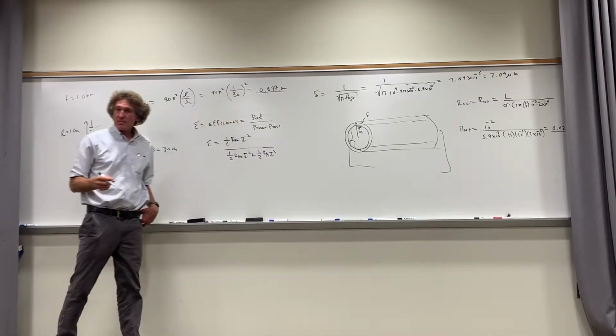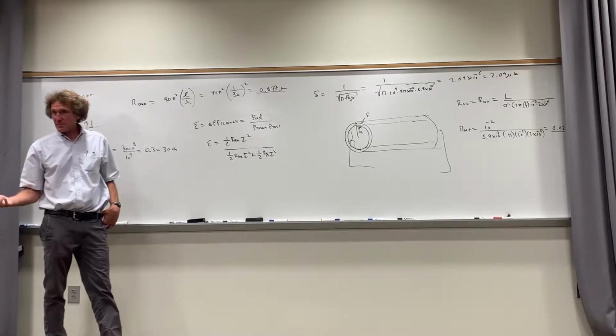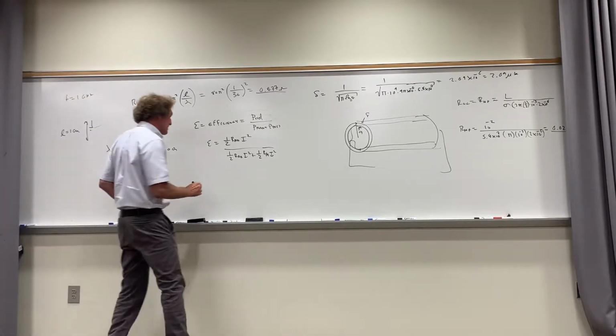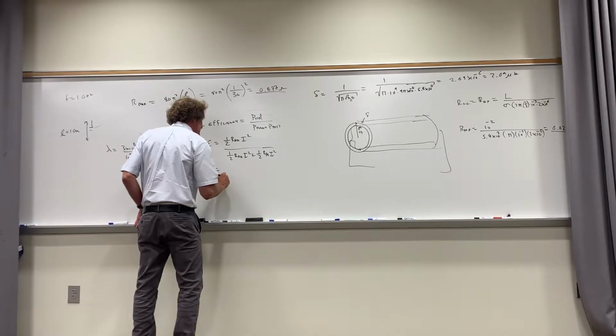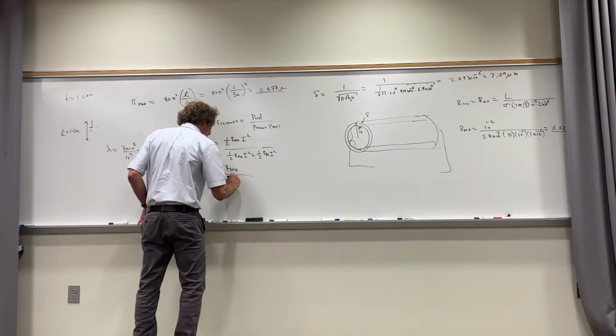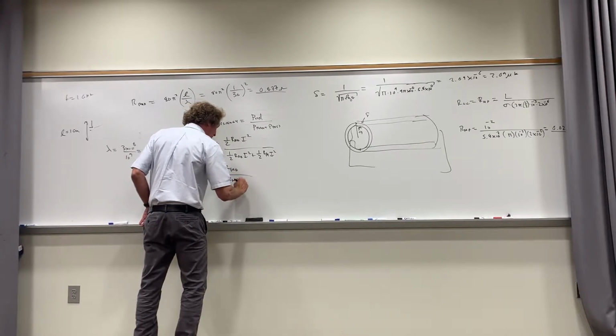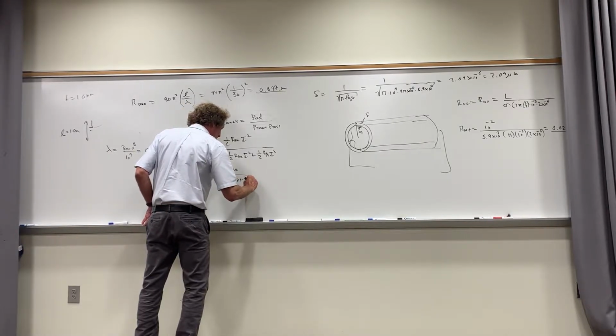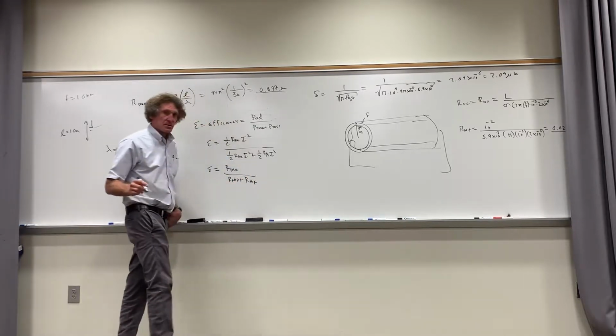Does everybody agree with that? I'm just defining the power. You're going to notice the I squared and the 1/2 cancel. So really what you get is the efficiency is equal to simply R rad over R rad plus R high frequency, or really the AC resistance of the wire.